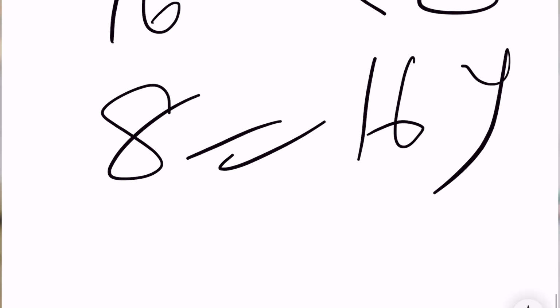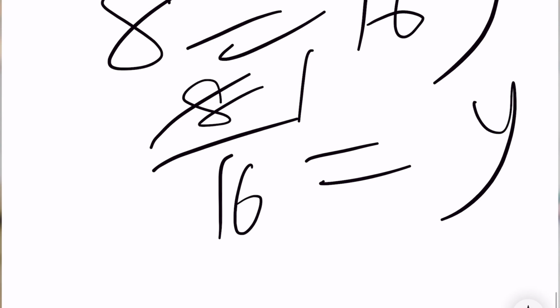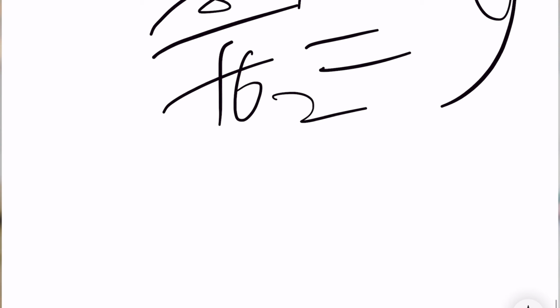Where we cross multiply, we have 8 equals 16y, and we have 8 over 16 equals y. We have our y to be 1 over 2.